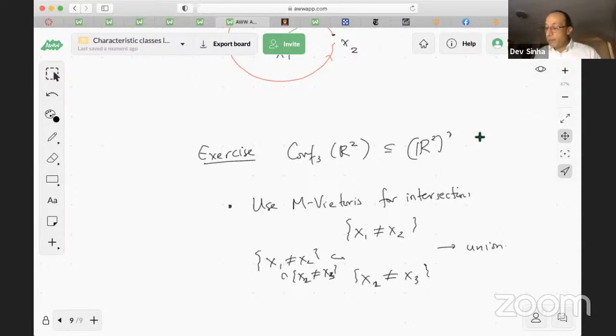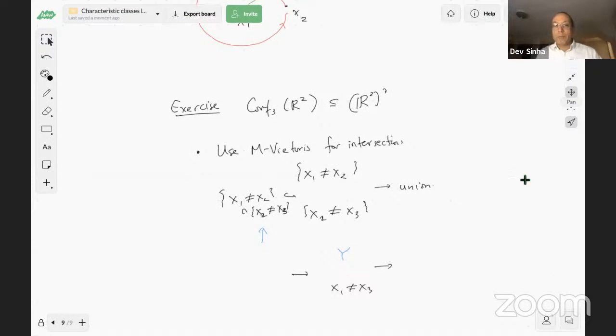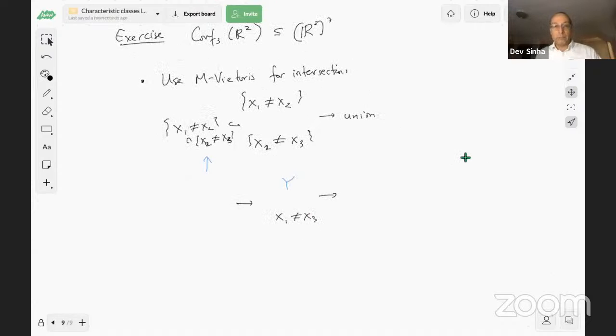You notice that I'm getting more and more conditions. Finally, if I call this space Y, I can take Y and the final condition, which was x1 not equal to x3, and run Mayer-Vietoris in that case. So this is Y, and this was one Mayer-Vietoris sequence.